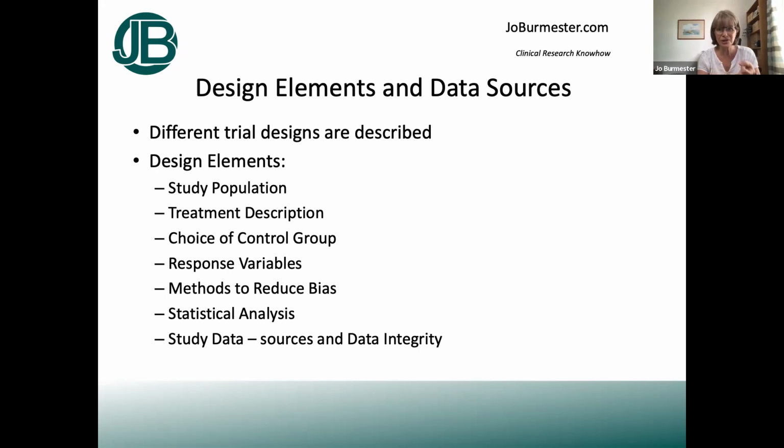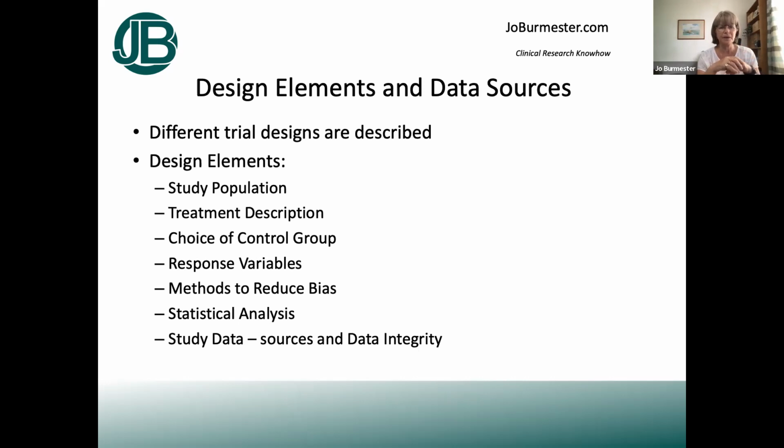Choice of control group. Again, that's quite a tricky area, because particularly for some of the advanced therapies, it's very difficult to actually have a control group, and that's where real world evidence sometimes comes in, using historical data as a control rather than an actual control group of patients.